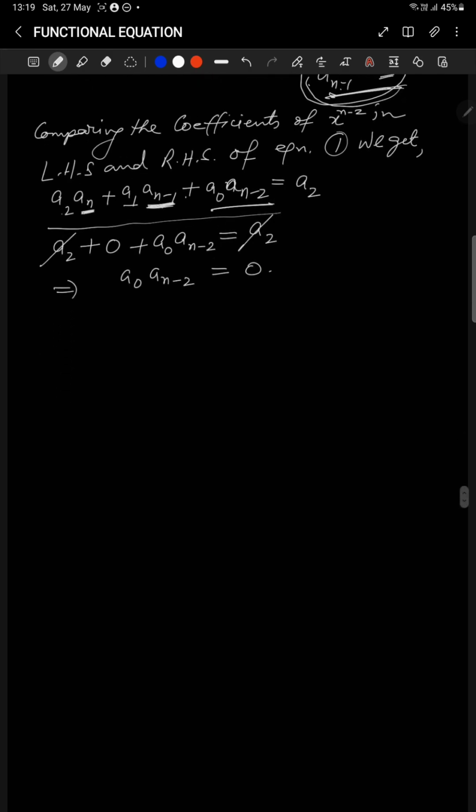Again we have come back to the same situation as in the previous one, that the product of these two is equal to 0, and this a0 cannot be equal to 0, not possible. I have explained already. So the only possibility is an minus 2 equal to 0. So this is another result we have got.